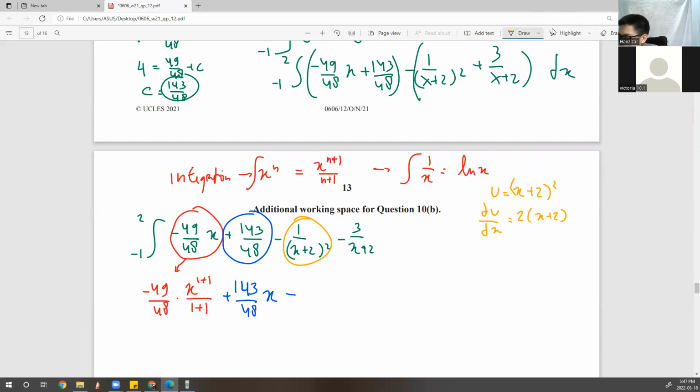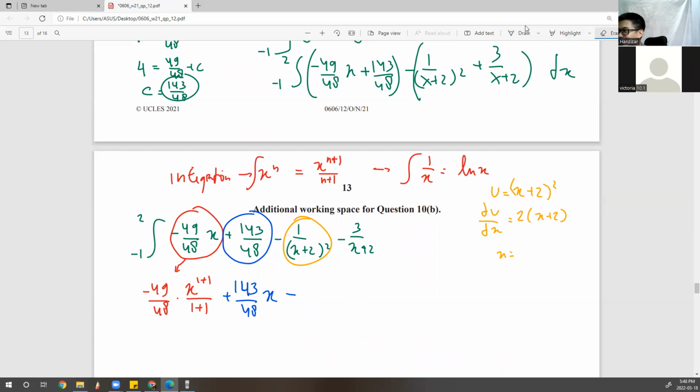So if I have the integral of 1 over u dx, so the dx would be, wait. No, it cannot be like that, man.